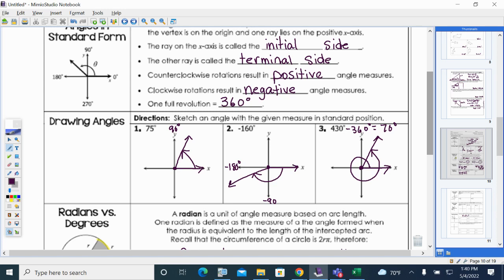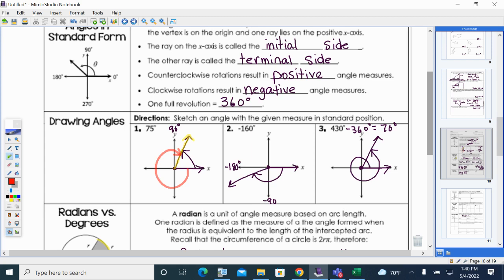So this terminal side, and I'm going to highlight this terminal side, gave us an angle measure of 75 degrees. What if I went down? I didn't move that terminal side, but I created a different angle with the same terminal side.